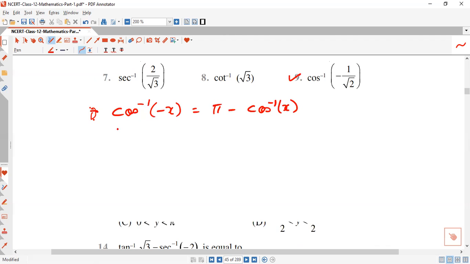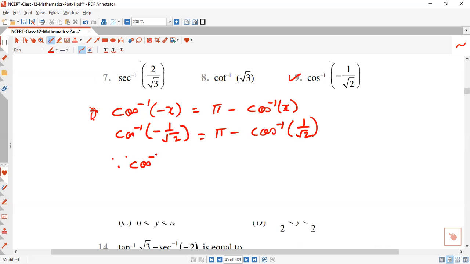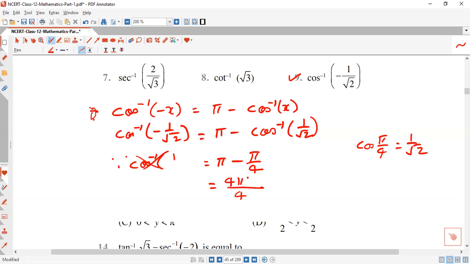If I put this value, cos inverse minus 1 by root 2 will be equal to pi minus cos inverse 1 upon root 2. Now we know cos pi by 4 equals 1 upon root 2. So this will come out pi minus pi by 4. Simplify this, take the LCM 4: 4 pi minus pi. This will come out 3 pi by 4.